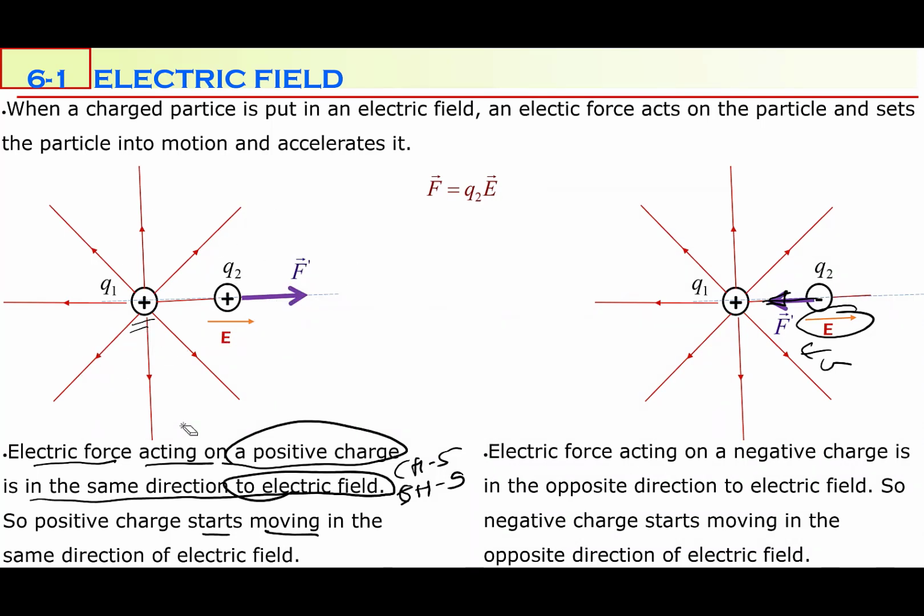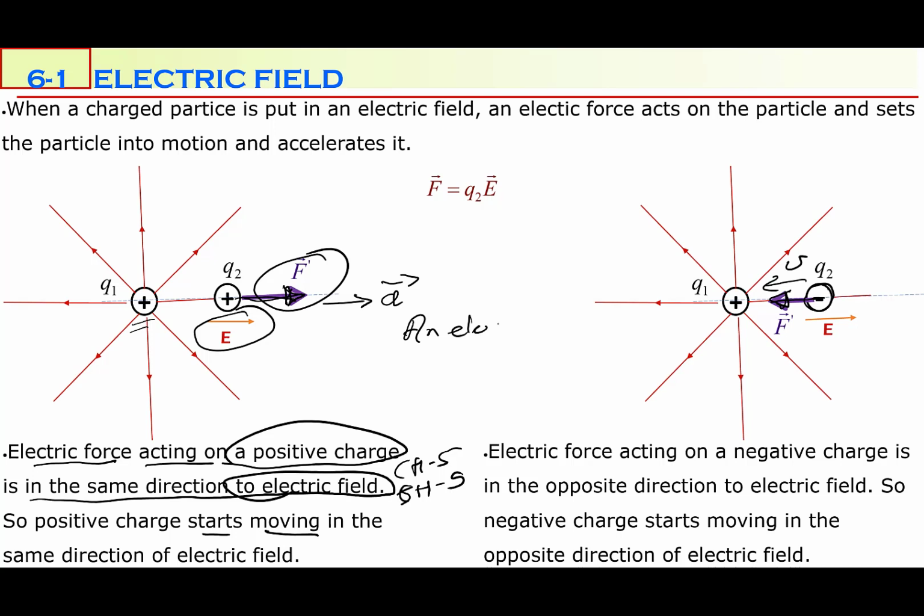So when positive charge is located inside an electric field, electric force acts on this positive charge in the same direction of the electric field and sets this charge into motion and accelerates it. But if a negative charge is located inside an electric field, a force in the opposite direction of the electric field acts on it, and it starts moving in the opposite direction of the electric field.